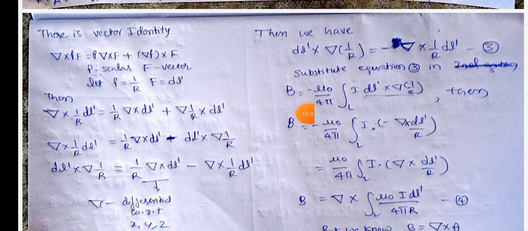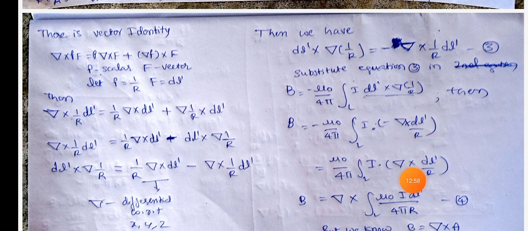So B is equal to minus mu naught by 4 pi line integral I dl dash cross del of 1 by r. That is equal to what we got here, that is minus del cross (1 by r dl dash). So you have to replace this term by minus del cross (dl dash by r).